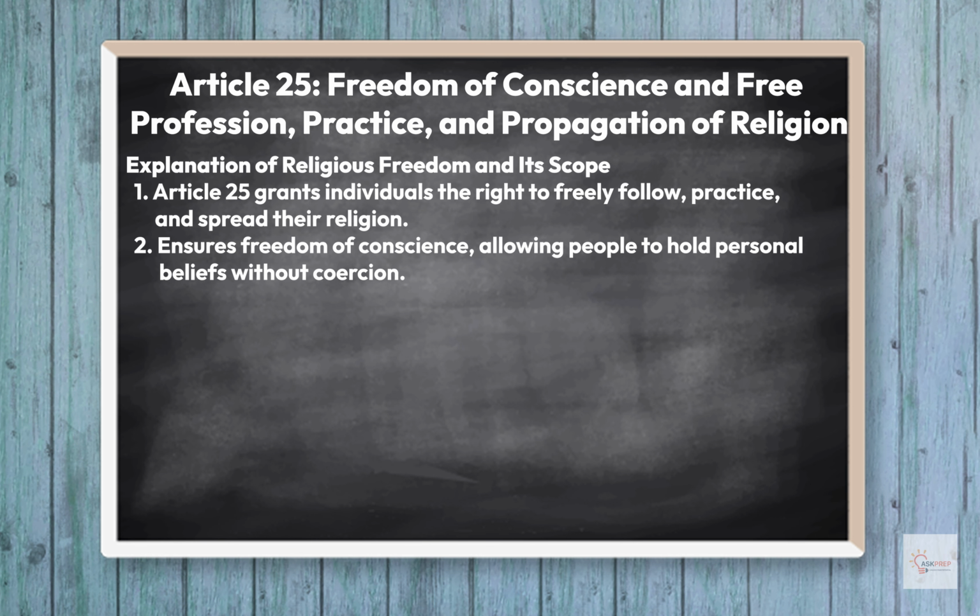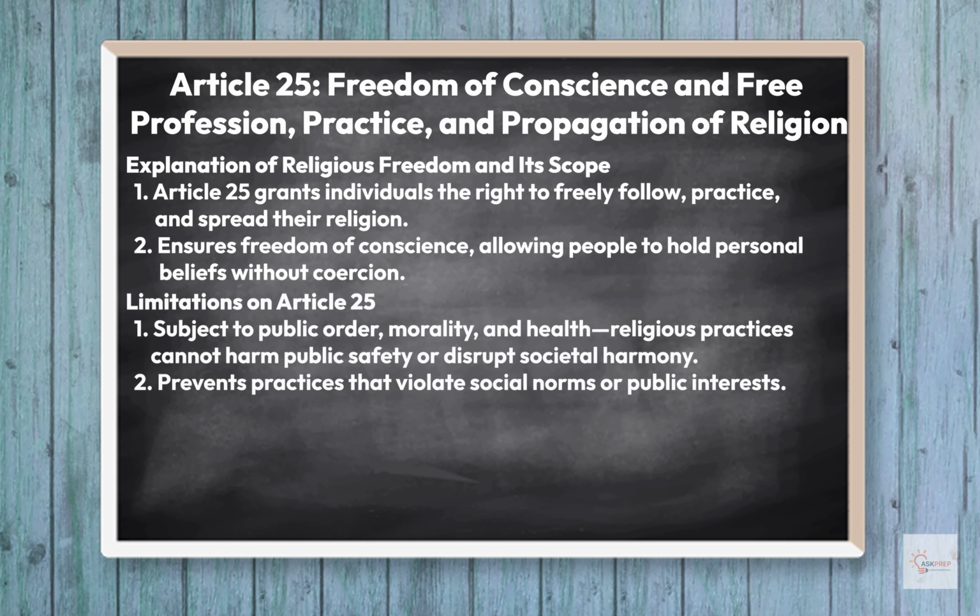Ensures freedom of conscience, allowing people to hold personal beliefs without coercion. Limitations on Article 25. Subject to public order, morality, and health, religious practices cannot harm public safety or disrupt societal harmony. Prevents practices that violate social norms or public interests.